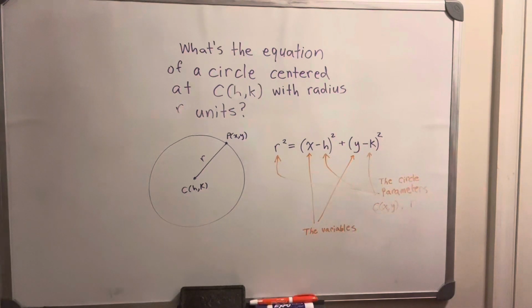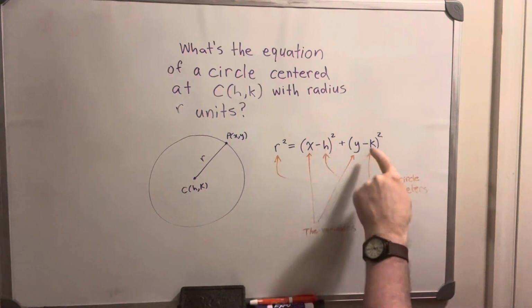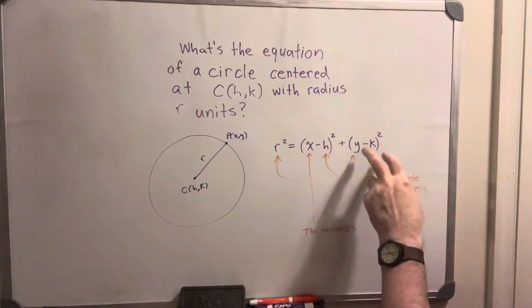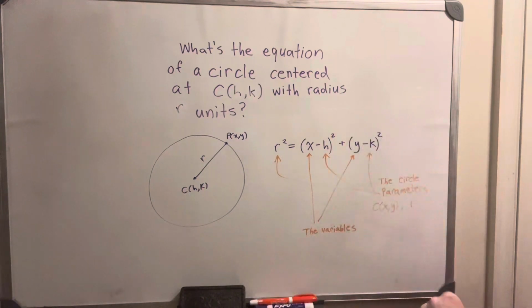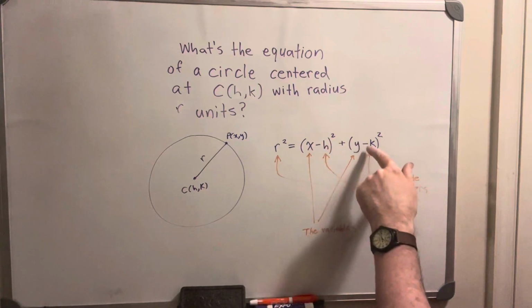One last thing I should say: see how I've always been using minus, because we're talking distances here. When you have 2 points, you take the difference between the 2 points. And in the next example, I'll show you what it means when sometimes you have a plus in there.